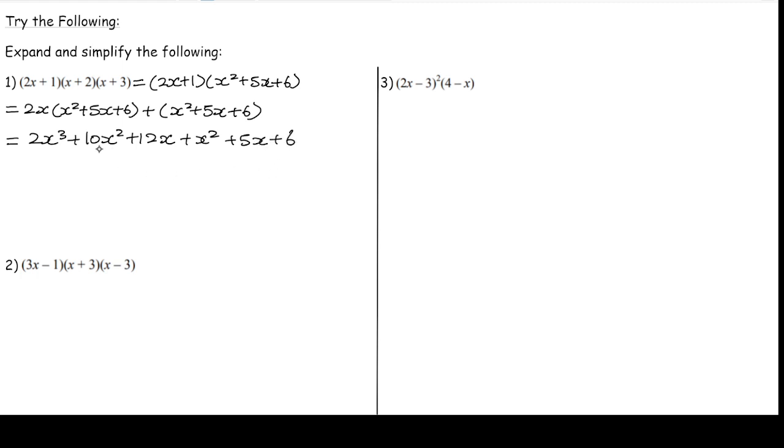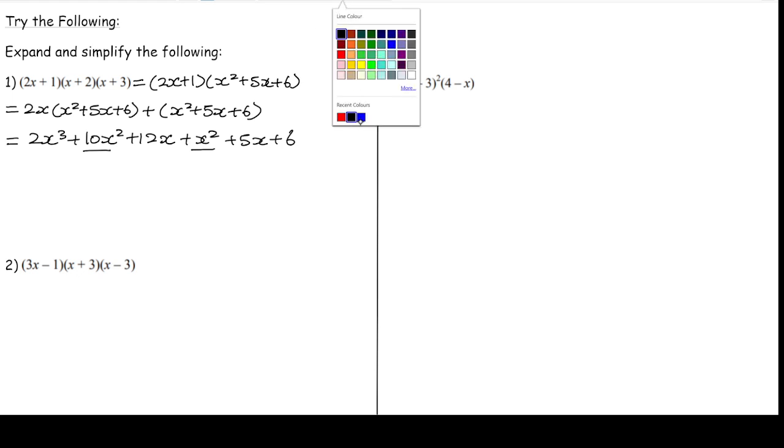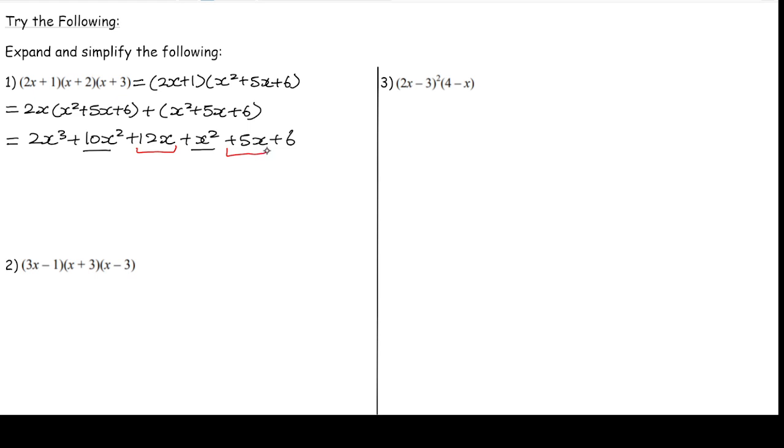What about like terms? Well, we've got 10x squared and x squared, and then we've got 12x and plus 5x. So that hopefully means that you should have got 2x cubed plus 11x squared plus 17x plus 6 in descending powers of x.